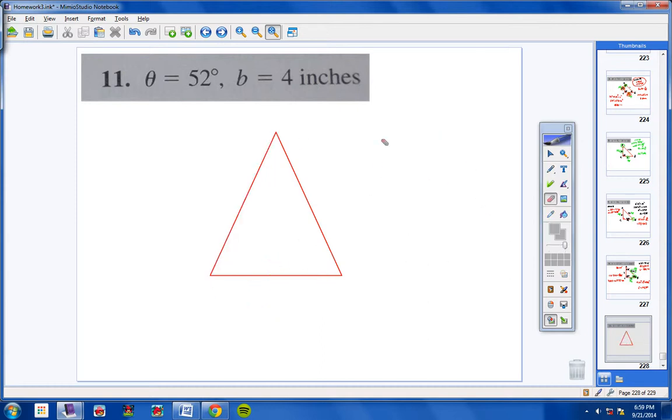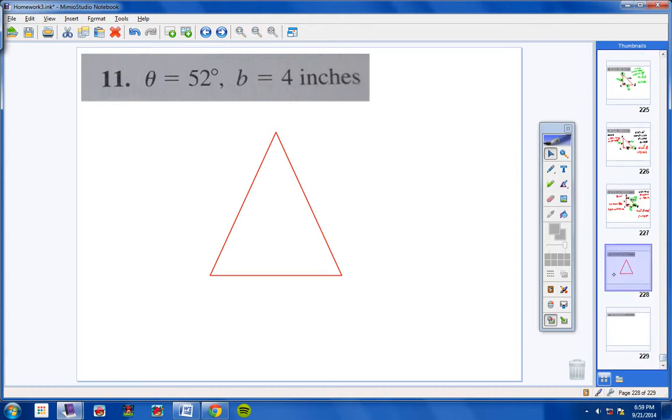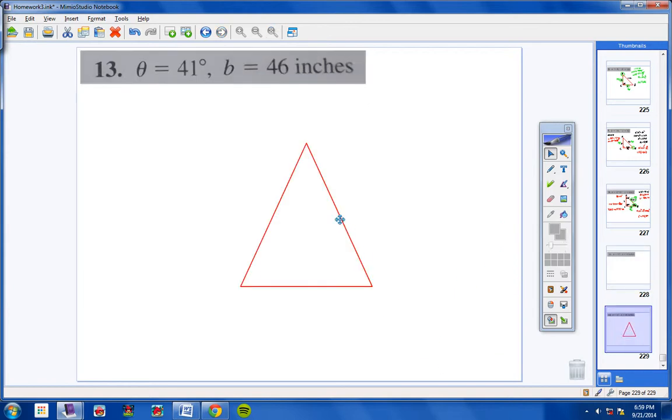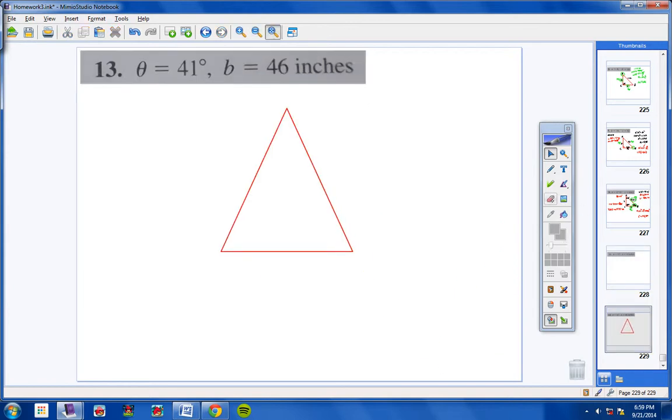Moving on to number 13. This will be our last problem, number 13. And here we go. Let's see, number 13 tells us it'll be the exact same problem all over again, students. This angle here is congruent to this angle over here.